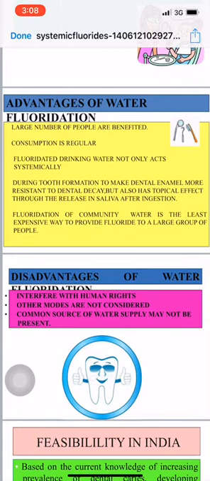Fluoridation of community water is the least expensive way to provide fluoride to a large group of people. So they benefit from it at lower cost, because it provides fluoride to the community, to cities with large populations.